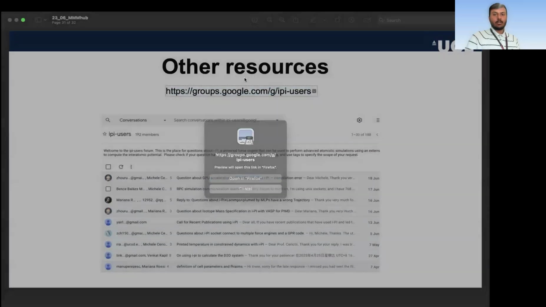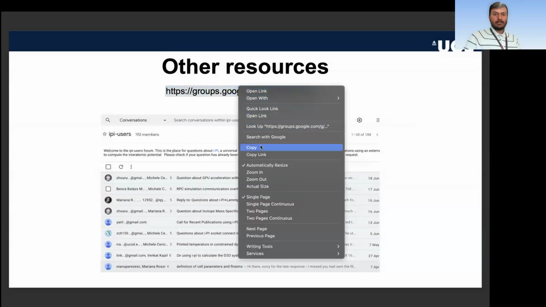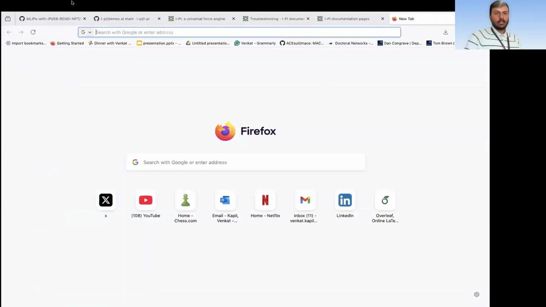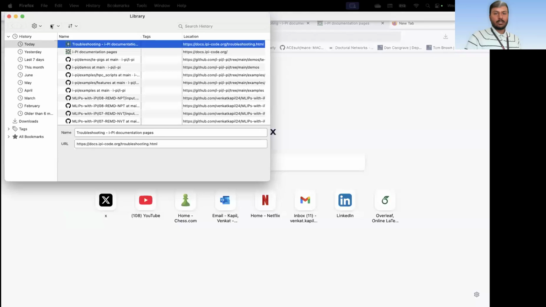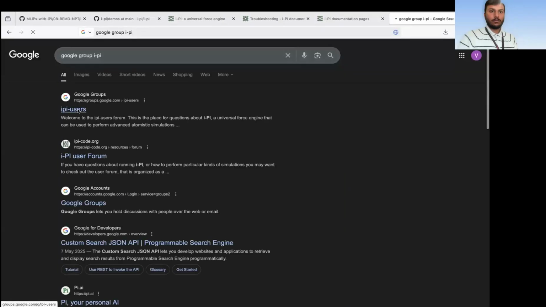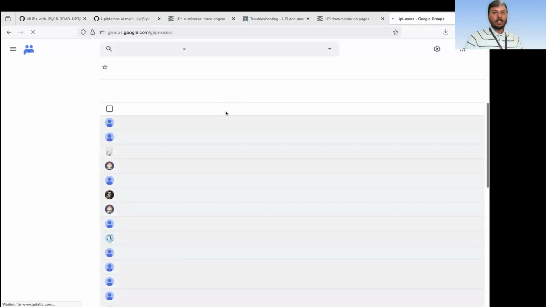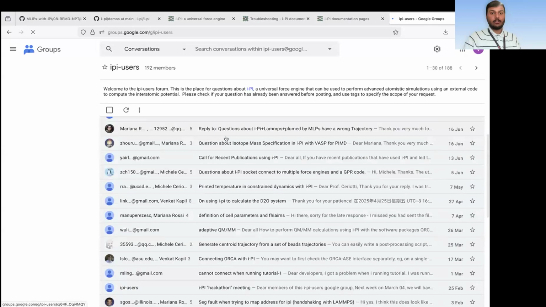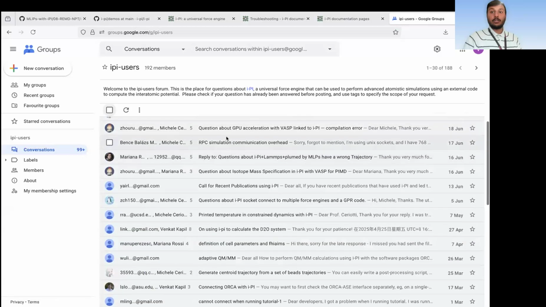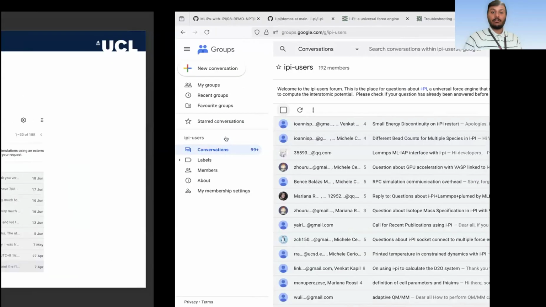There's also a Google group here. So if you have some problem, you can just write to us. It's called i-PI users, and this information is also available on the website. Again, we try our best to respond or point to the documentation wherever available.